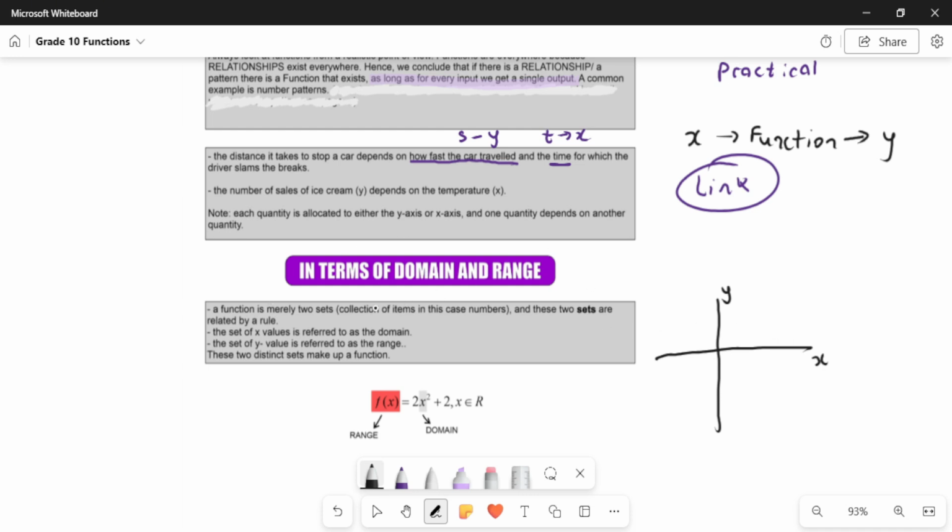Now, when we work with functions, we talk about domain and range. The domain of the function is the x values, right? And the range of the function is the y values. So if I have to plot this function, let's say I plot this function here, the x values for which this function exists is here. Look at this.